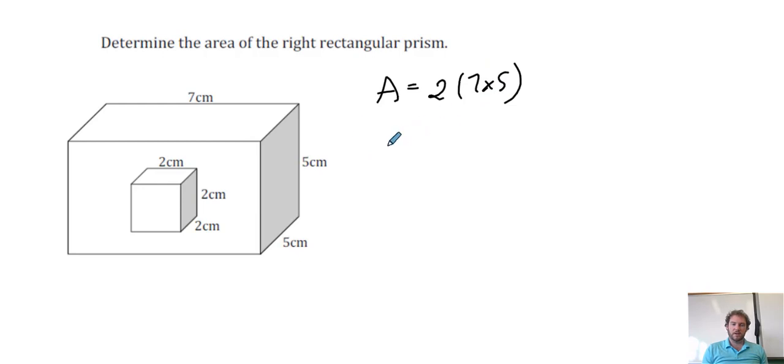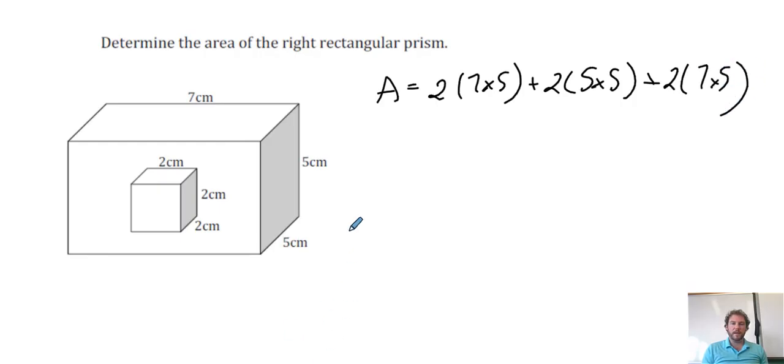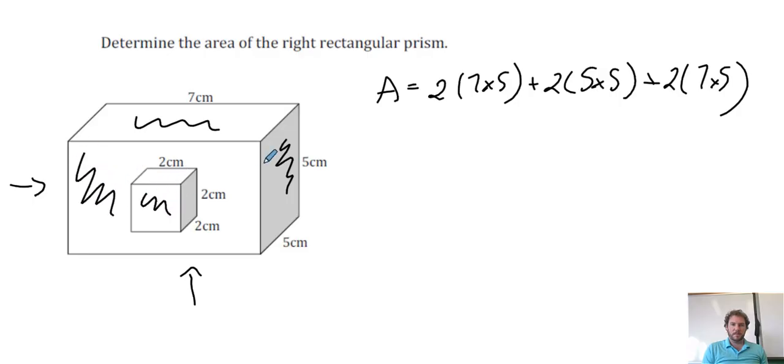And then I could add to that the two sides, which are 5 times 5, and then the top and the bottom, which again is 7 by 5. Now all the sides that I've done are the top, the side, the bottom, this side, and this side here.